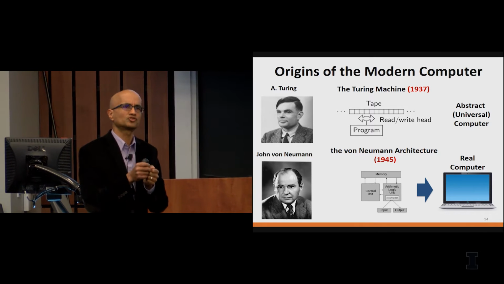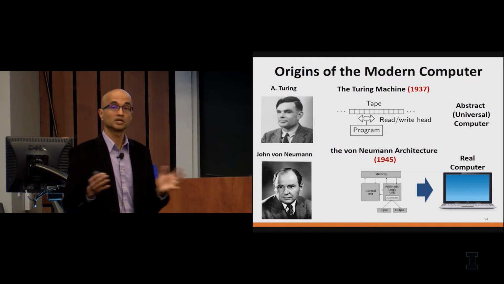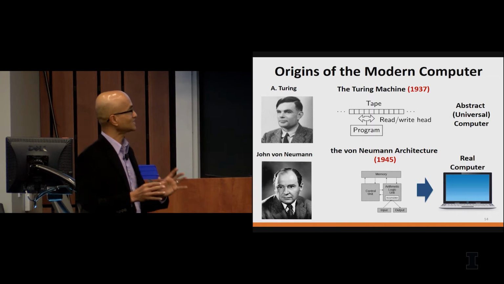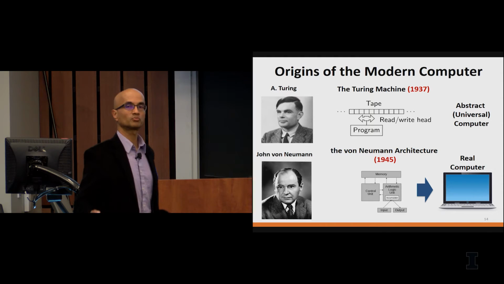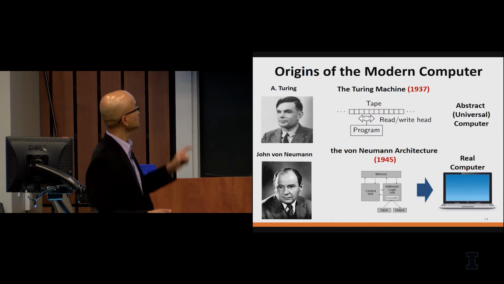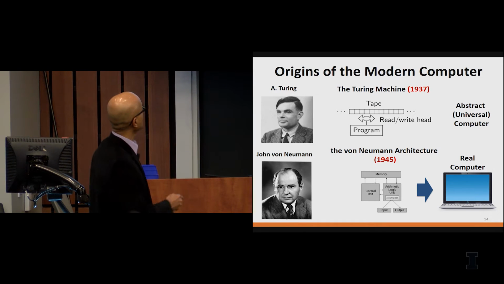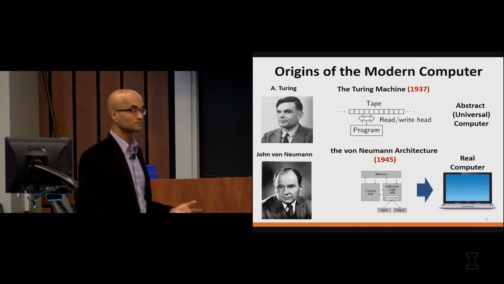What is the most abstract, simplified description of a universal computer, a computer that can solve a huge class of problems? That paper was a splash. It made a huge impact. But nobody knew how to build it.